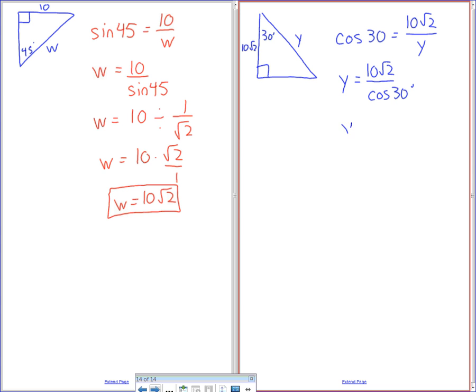So I'm going to say y equals 10 root 2 divided by root 3 over 2. The reason I wrote it like that is what? What's the next step after that? Invert and multiply. So I'm going to call that 10 root 2 times 2 over root 3. So I'm going to call that 20 root 2 over root 3.